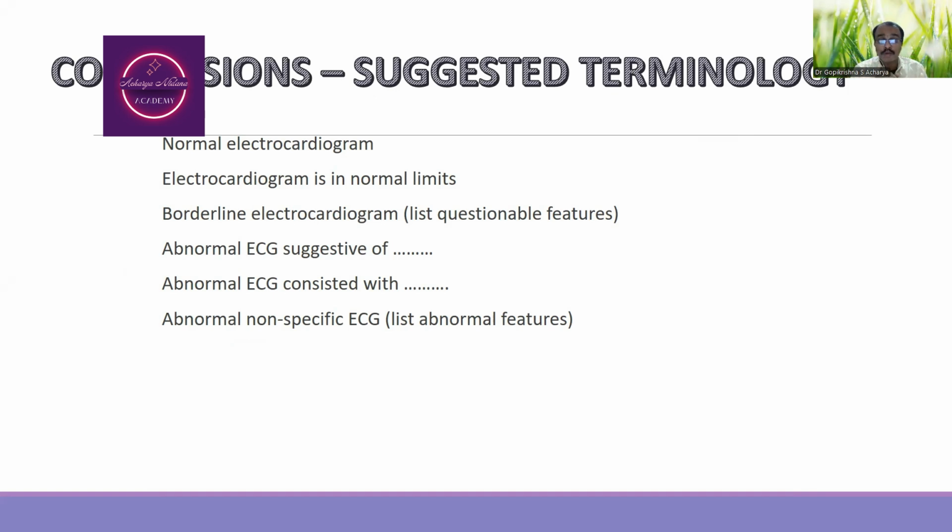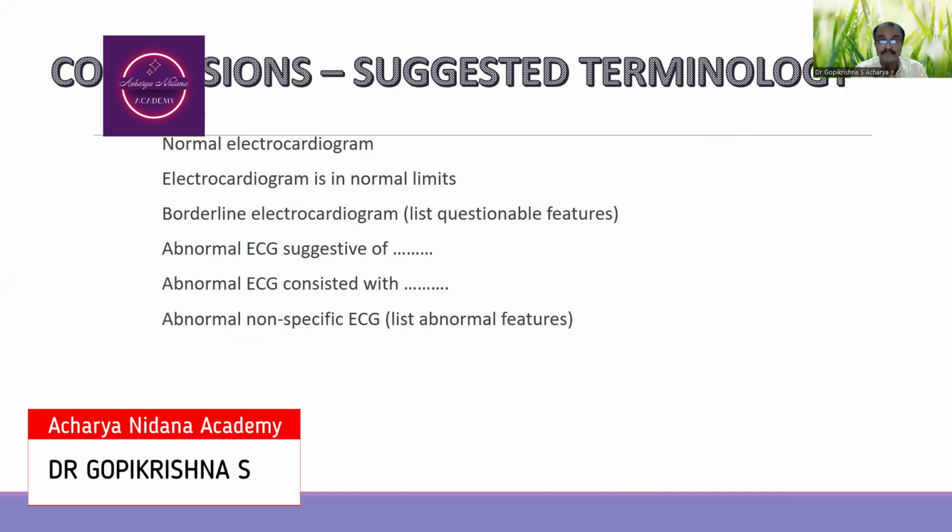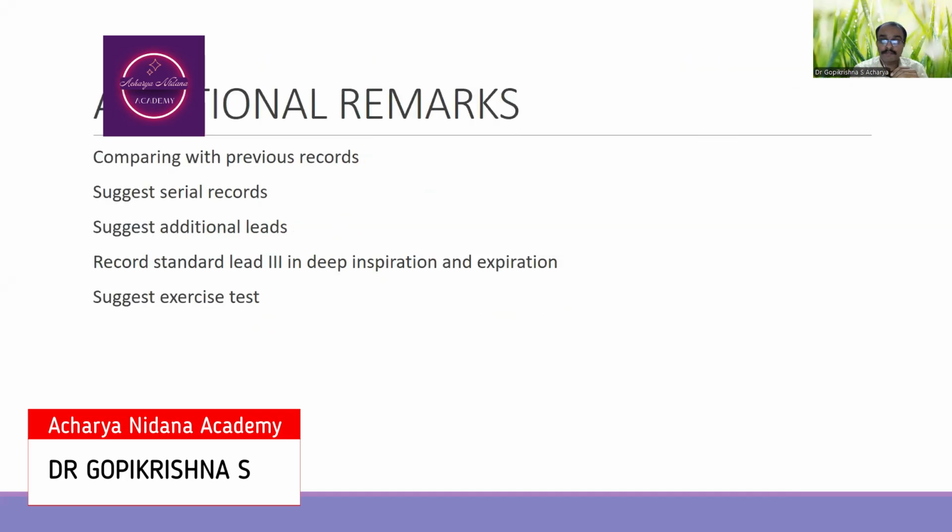Whereas abnormal ECG suggestive of dash, whether it is P pulmonale or P mitral or right bundle branch block, etc., or abnormal ECG consistent with P mitral or P pulmonale, etc. And abnormal non-specific ECG, where we have to note and write the abnormal features.